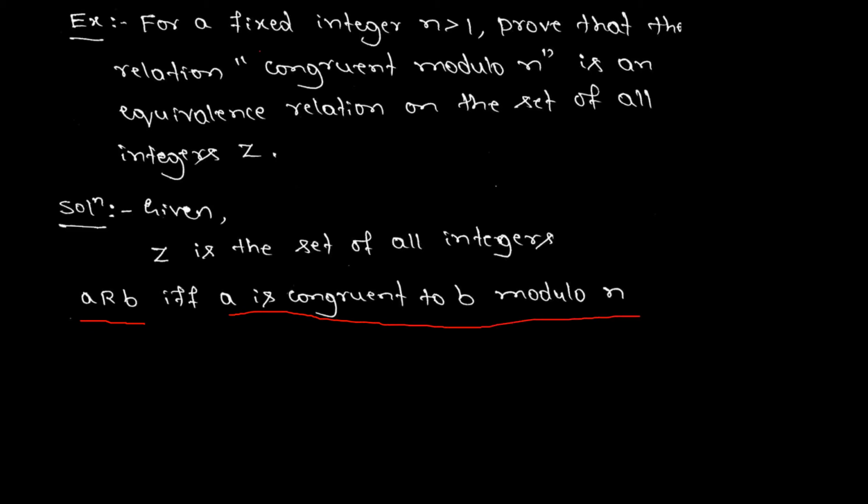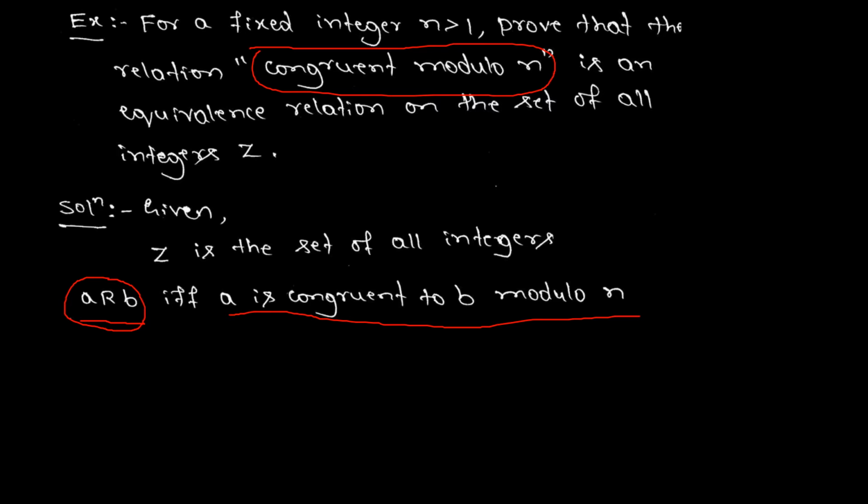The relation is congruent modulo n. That means two elements are said to be related if and only if they are congruent to each other under the modulo n.